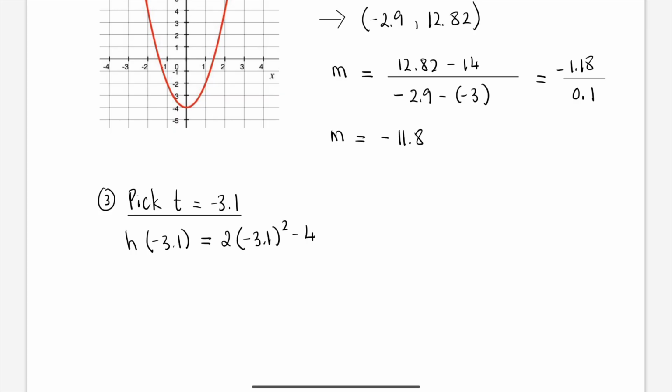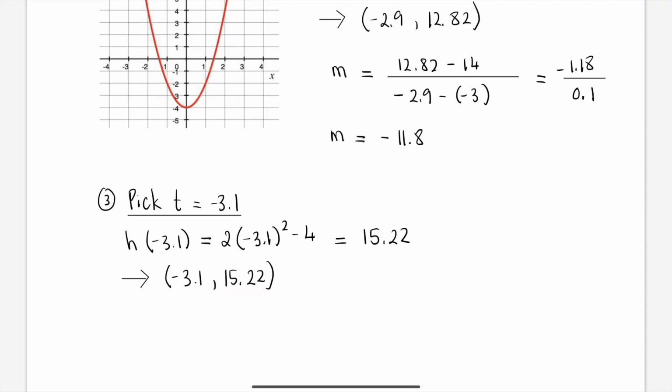And I get 15.22. So the point is negative 3.1, 15.22.